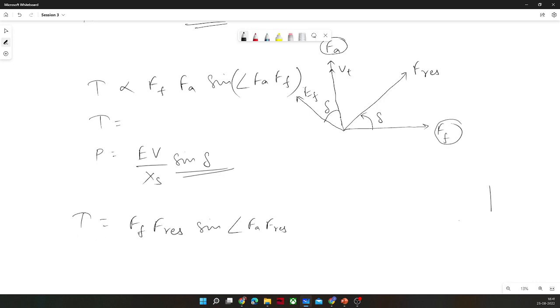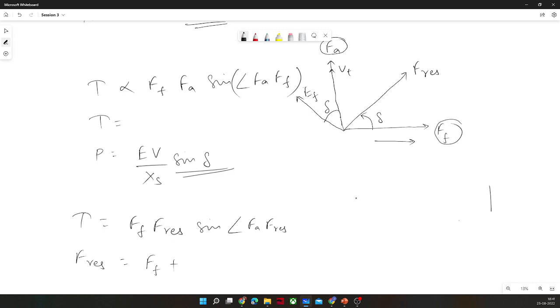Now, F resultant would have some component. Let us say, in some hypothesis or imaginary world, there is some machine which has a field winding as well as providing field from a stator. So that term would be added to this axis. Actually, I went into some advanced material, but no issue. I hope you would be able to follow.